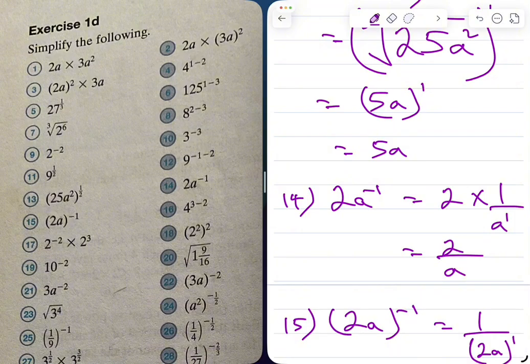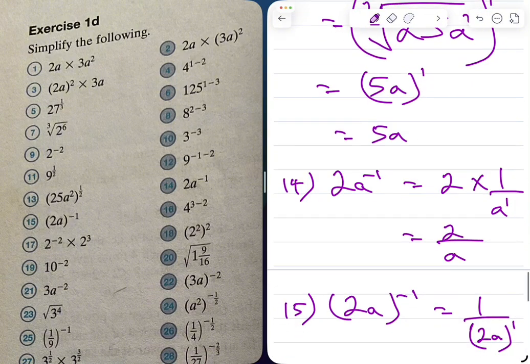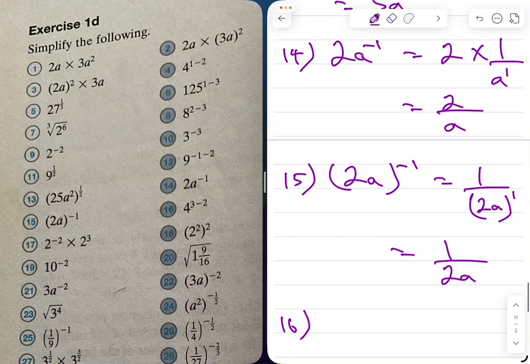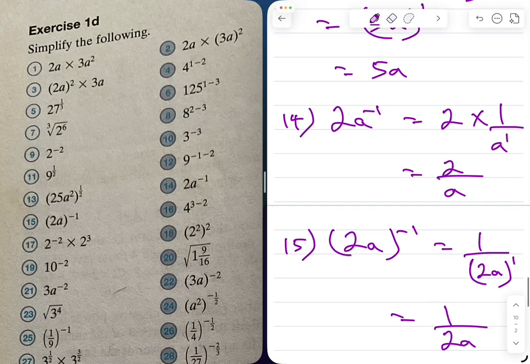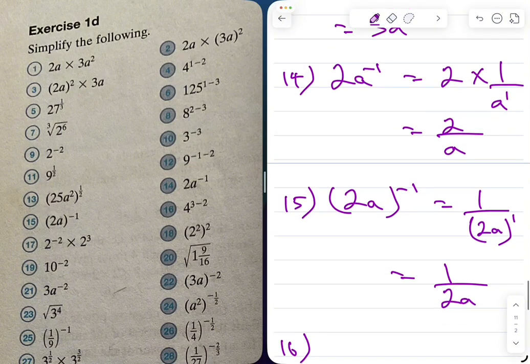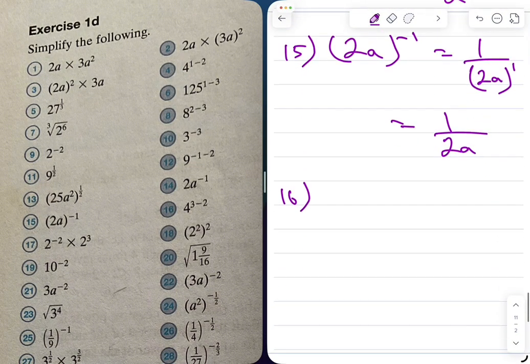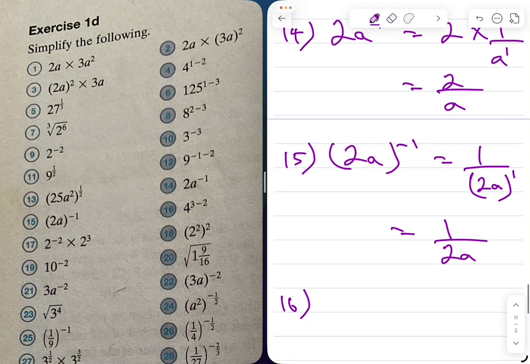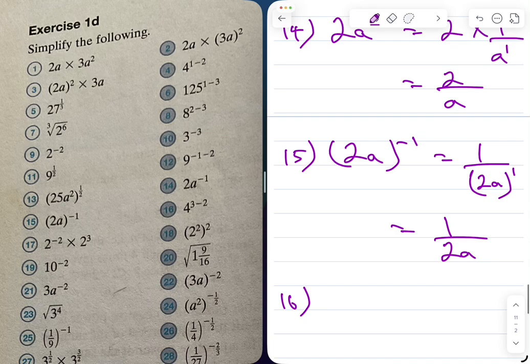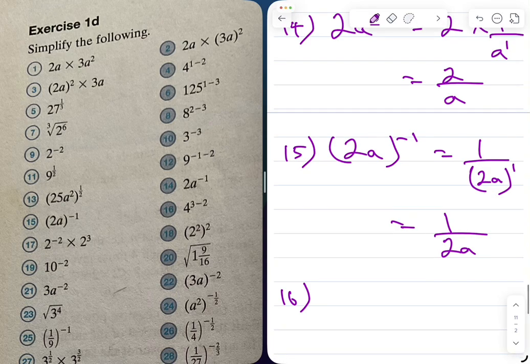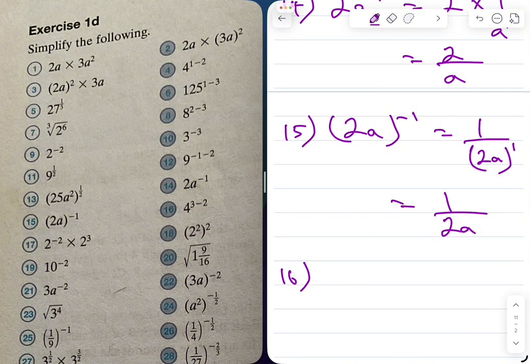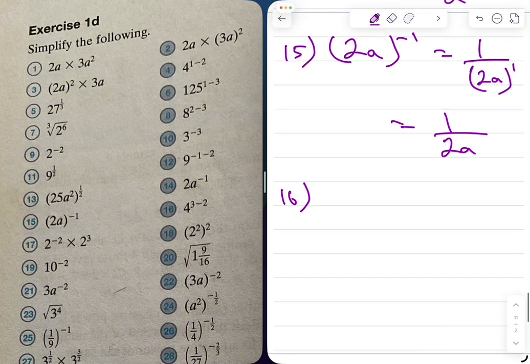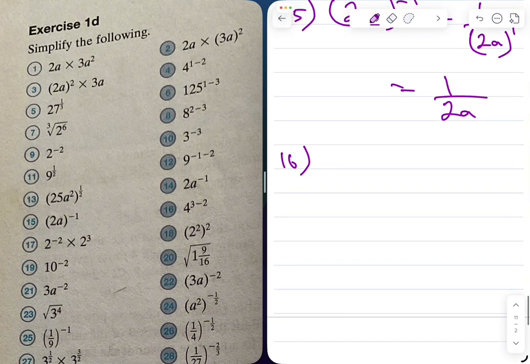That's correct. 15 is 2a and the whole of that raised to power minus 1. That's correct. And 16 now. Okay, that's correct.